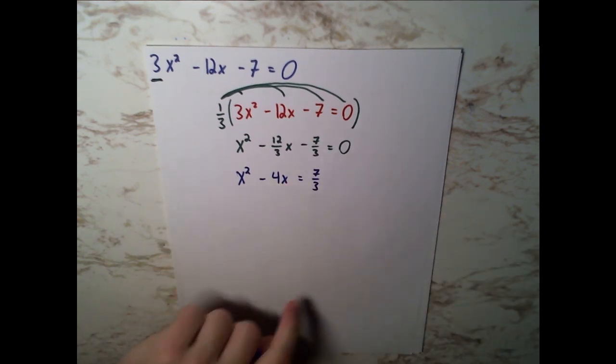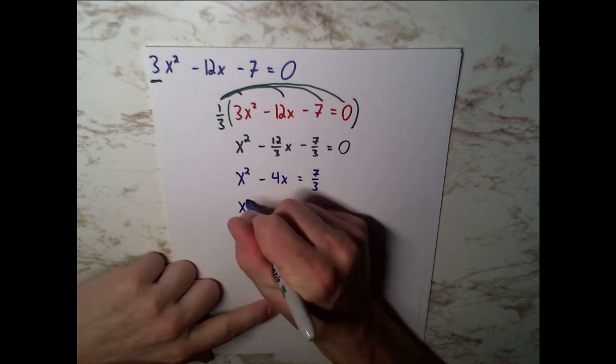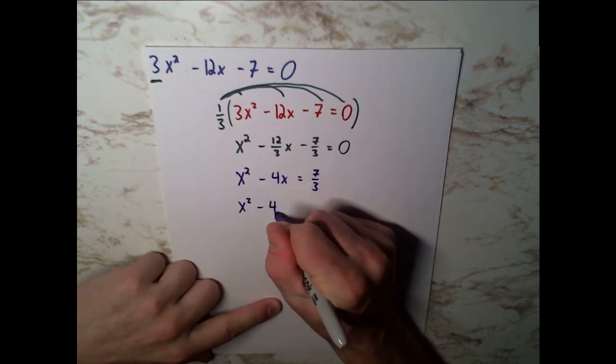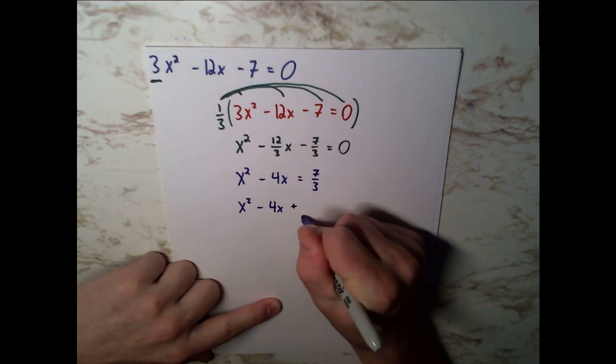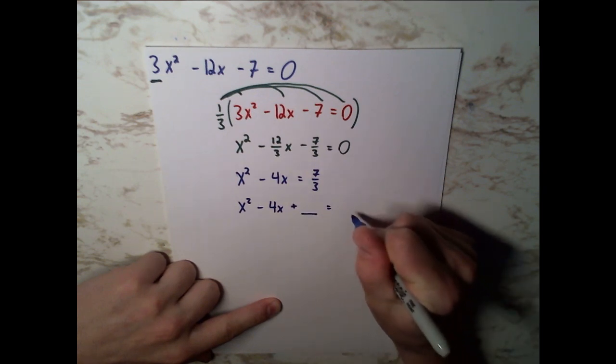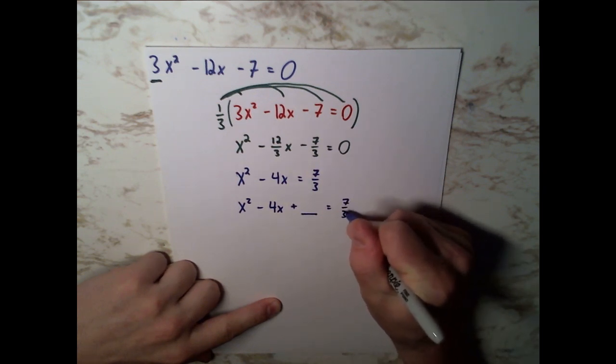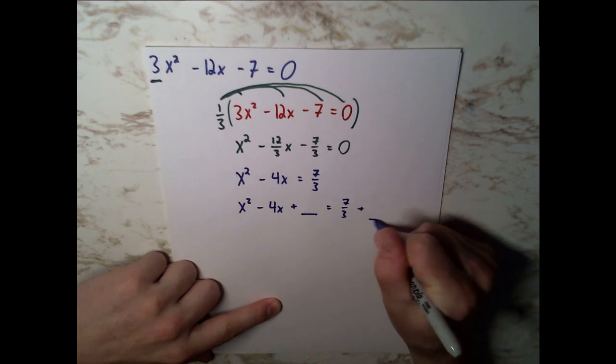Now we need to add in our blanks, so x squared minus 4x plus some number equals 7/3 plus some number.